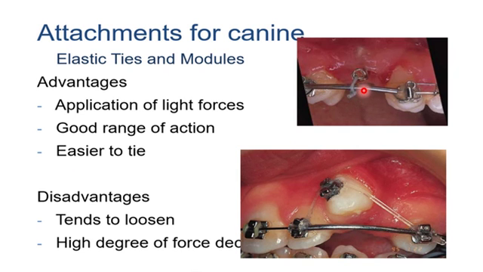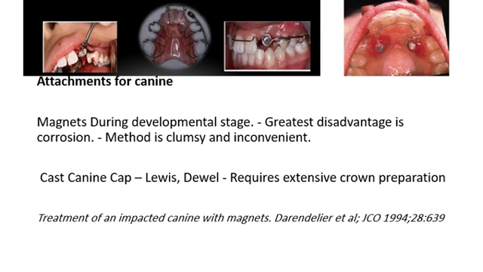Advantages: application of light force, good range of action, easier to tie. Disadvantages of these elastic ties: they tend to loosen, and they undergo force decay with time. Attachment for the canine: magnets during development stage, greatest disadvantage is corrosion.